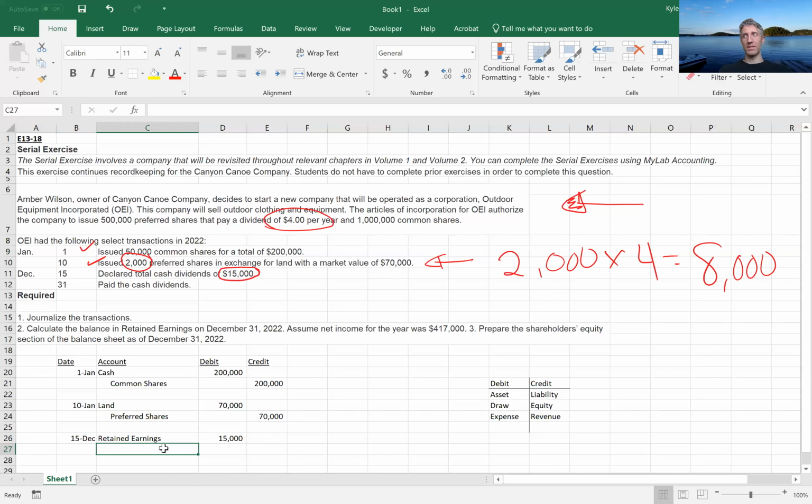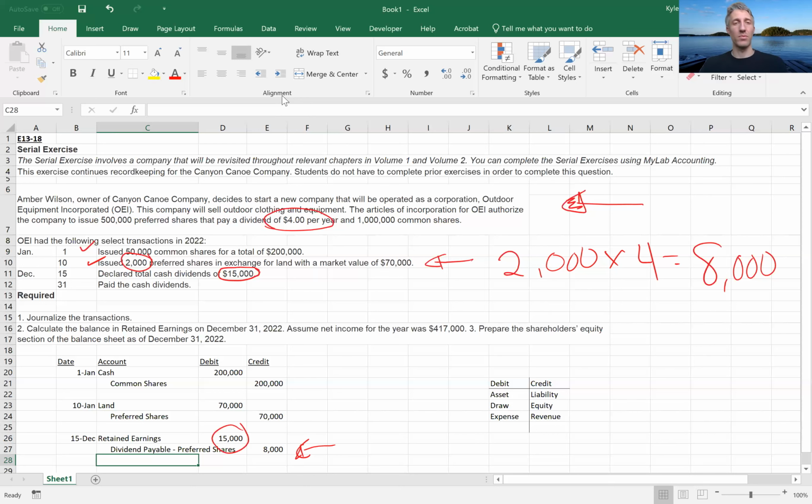Which means we're going to have this dividend payable preferred shares, $8,000. And which means that the remaining 7,000, so we're declaring a dividend of 15,000, 8,000 of which is going to preferred shareholders because they have a fixed dividend rate.